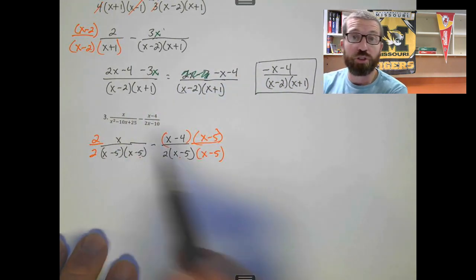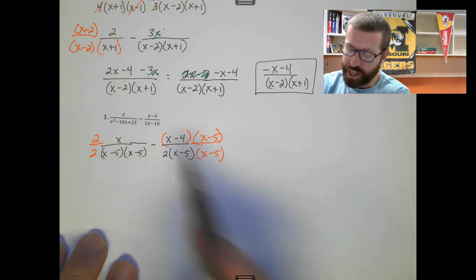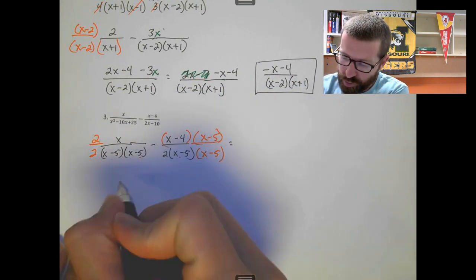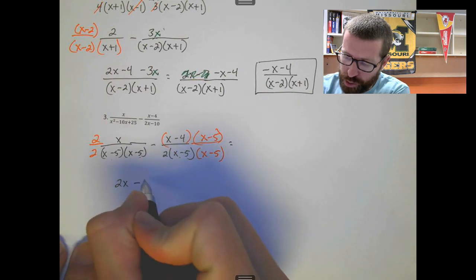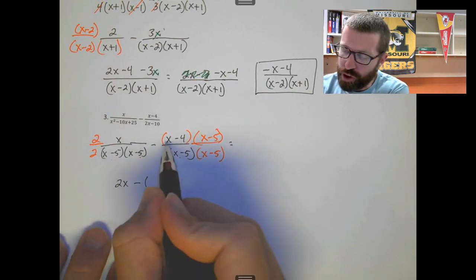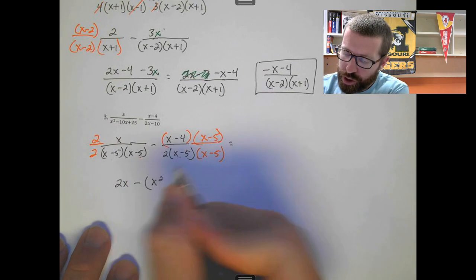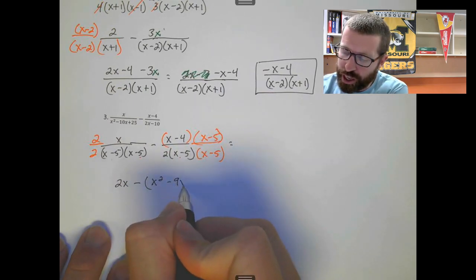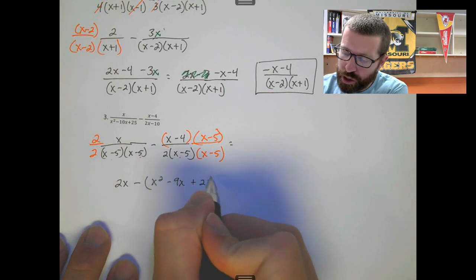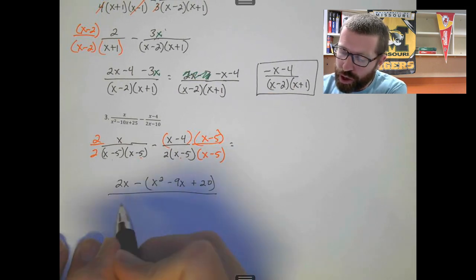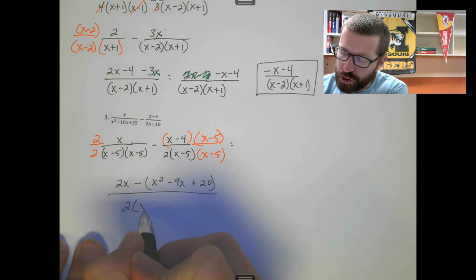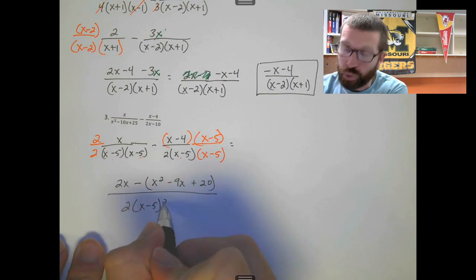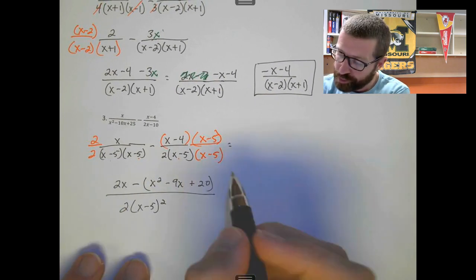And then pay close attention on top. Anytime you have a negative, that can be kind of daunting. I'm going to use a parenthesis here and then FOIL. So we have x squared, and then minus 5x minus 4x is minus 9x, and then plus 20. And then on bottom, we're just going to leave it all. I'm going to write it as x minus 5 squared since they're the same.